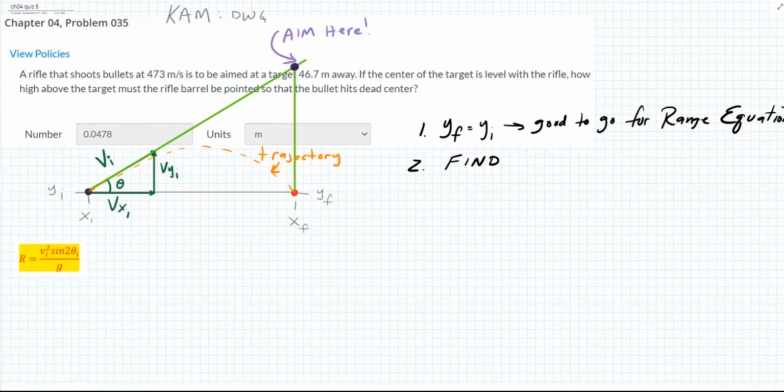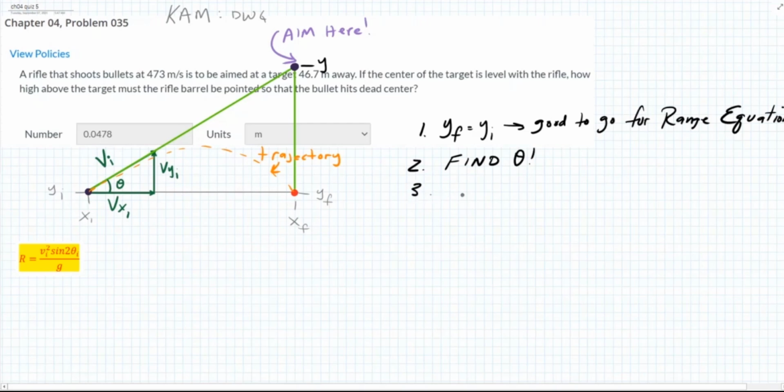That looks even better. Because again, it said the aim point was directly above the target. This number right here is what we want. I'm just going to call that y for the time being. So find theta. If I can find theta, I can find that light green triangle.